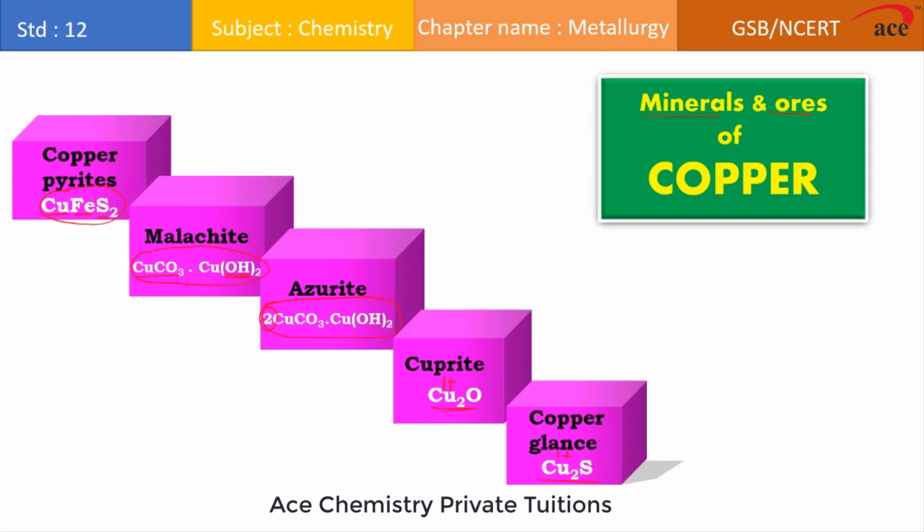So if you make the list of the minerals of copper, it is copper pyrite, malachite, azurite, cuprite and copper glance. Generally, the copper metal is extracted from its chief ore, that is copper pyrite. So CuFeS2, which is copper pyrite, is the ore taken for extraction of copper metal.